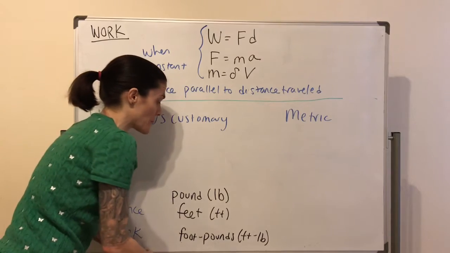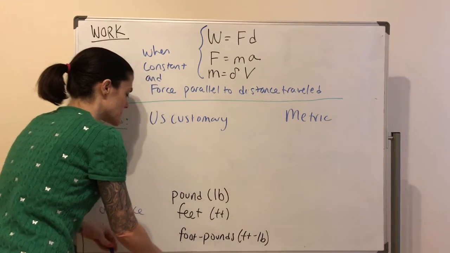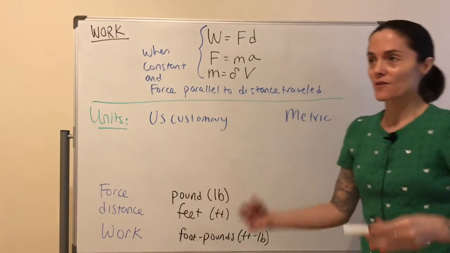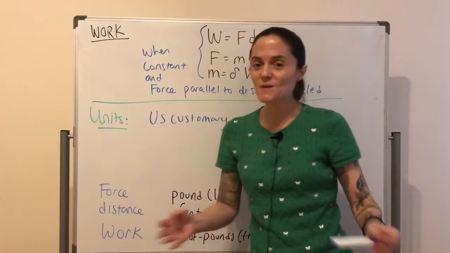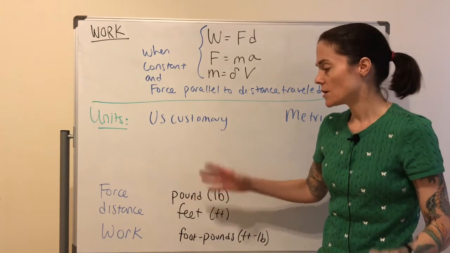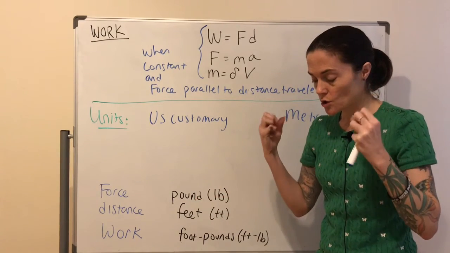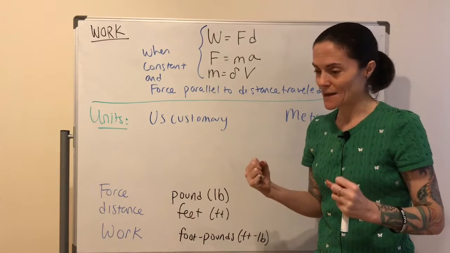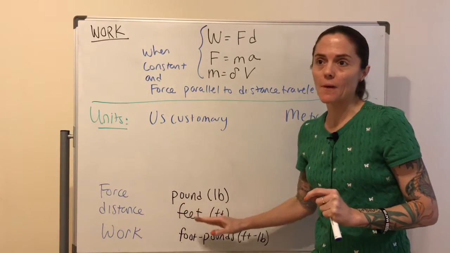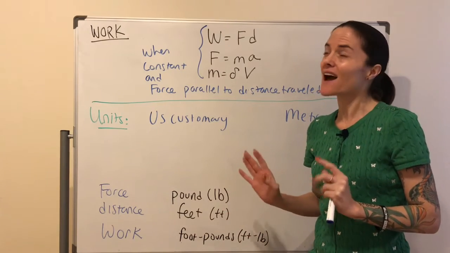Metric, we have to back up a little bit because you might have, either if you are from another country or if you have traveled to another country, you might have thought about your weight in kilograms, but you can't compare kilograms to pounds, not really.